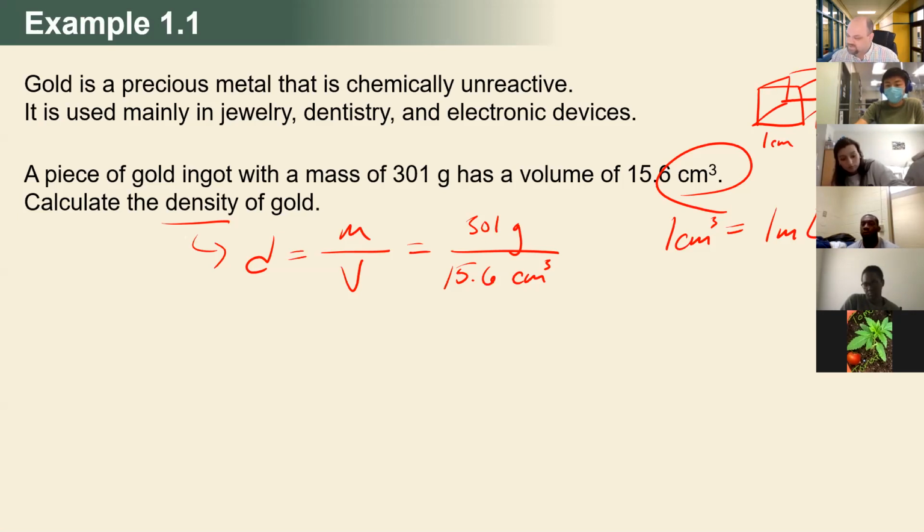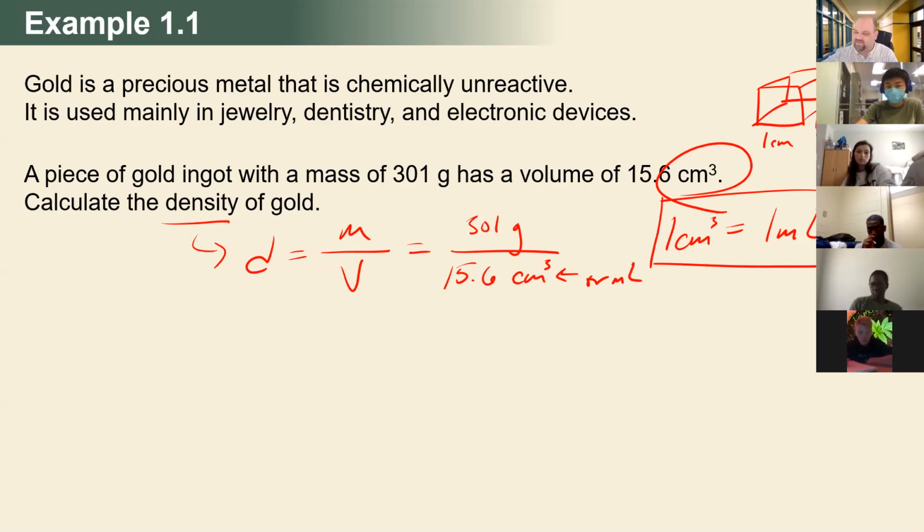And so this is a very good conversion factor to know. 1 centimeter cubed is 1 milliliter. It doesn't tell us what units this density should have, so we can leave it either as centimeters cubed or as milliliters. It doesn't really matter. Who's done that math?